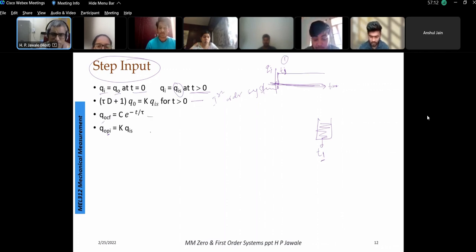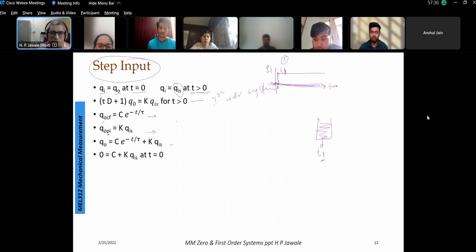These are the corresponding parts of the solution, QOCF and QOPI, and the total solution Qo will be obtained as C times e raised to power minus t by tau plus K times Qis.